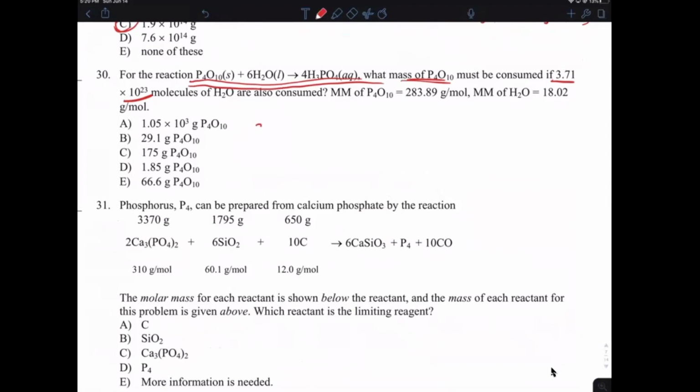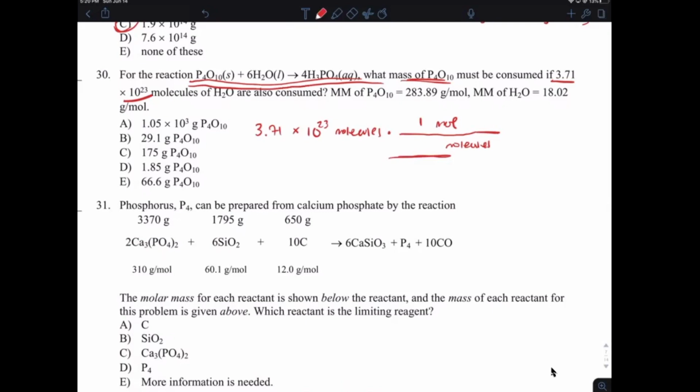So how do we convert this big number into moles? What's our conversion factor? If anyone knows the answer, you can type in chat. Yeah, Avogadro's number.